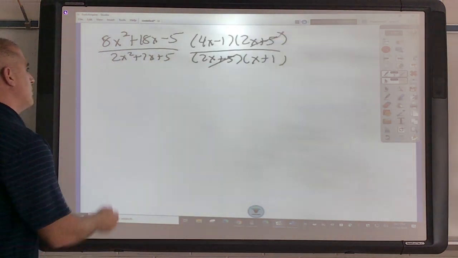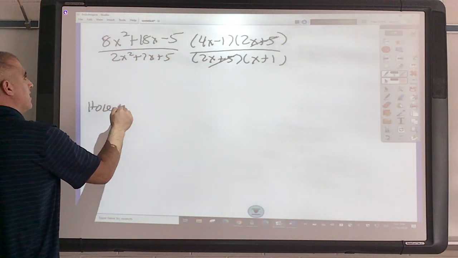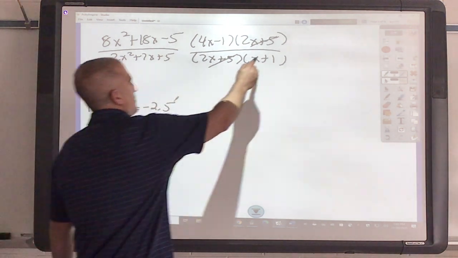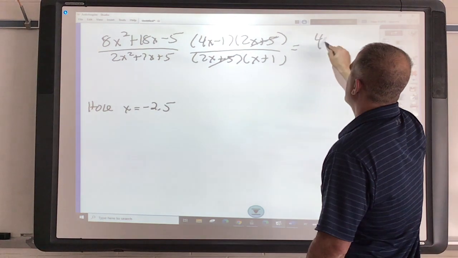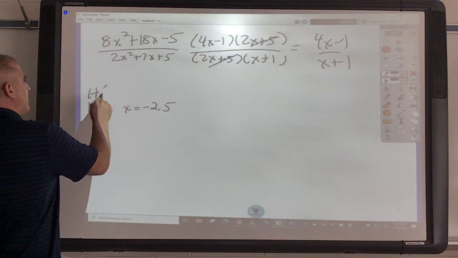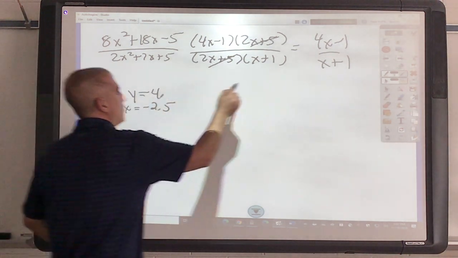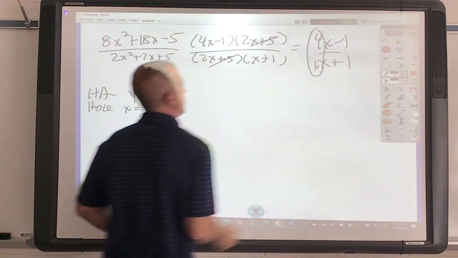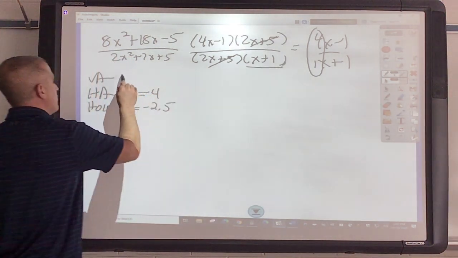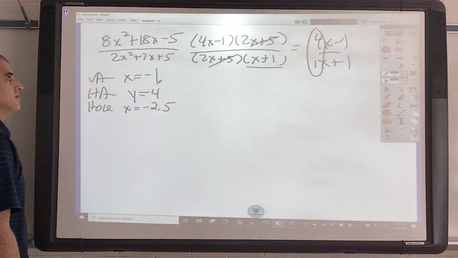So my hole would be at x equals negative, basically 2.5. The situation I have here is 4x minus 1 over x plus 1. That's going to be a horizontal asymptote at y equals 4, because I divide those. My vertical asymptote is going to be x equals -1.